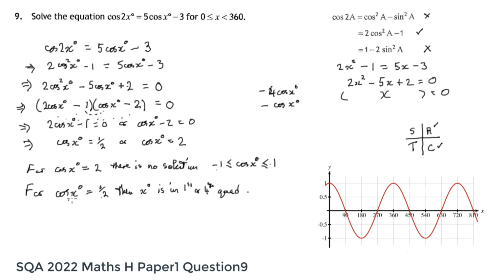So we now determine what the first quadrant angle is. This exact value in paper 1, you don't have recourse to your calculators. We're dealing with 1s and 2s for a cosine. That would involve an equilateral triangle. So we use an equilateral triangle of side 2 and we chop it in half.